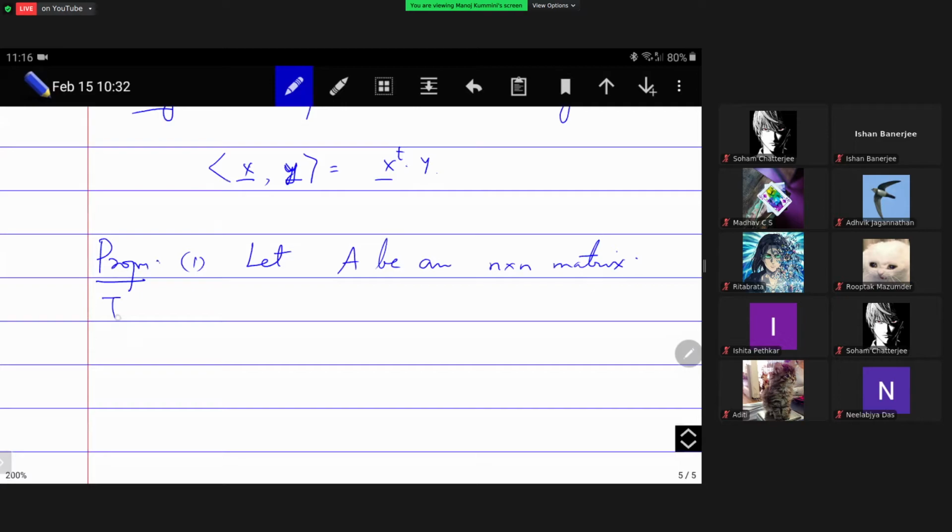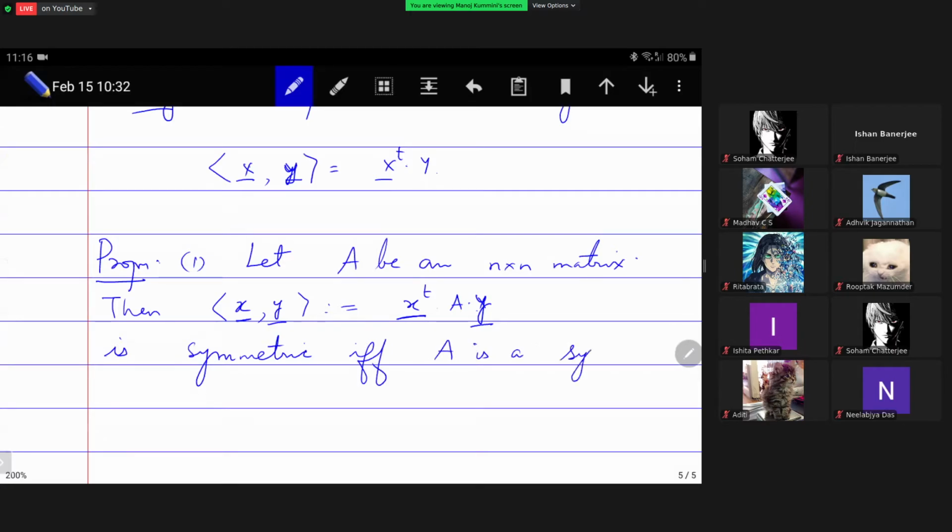Then the form, these are just vectors, is symmetric if and only if A is a symmetric matrix.